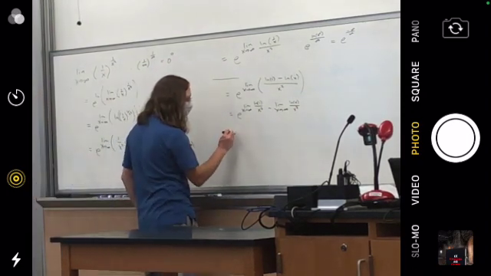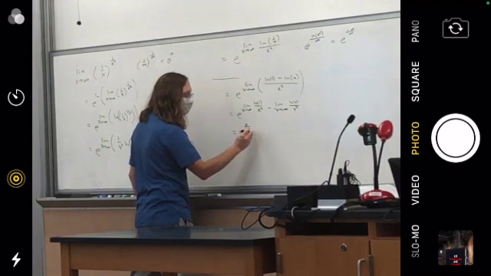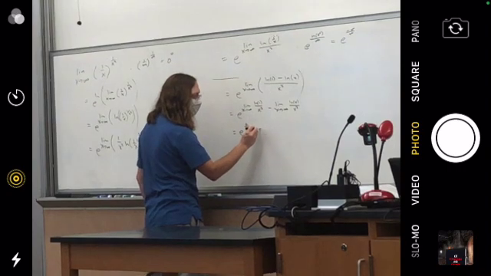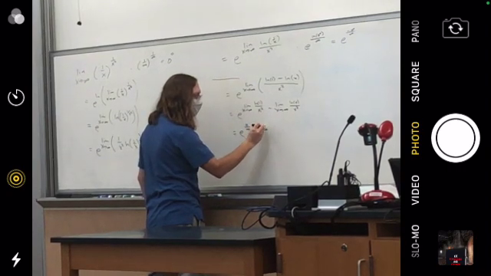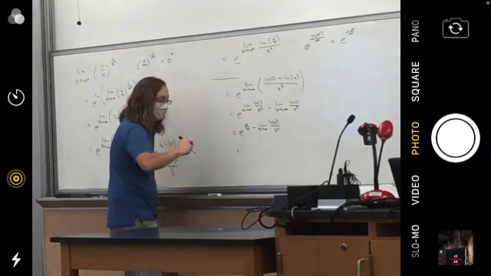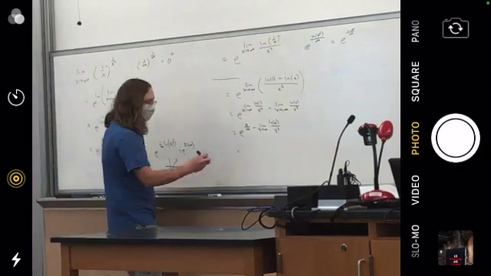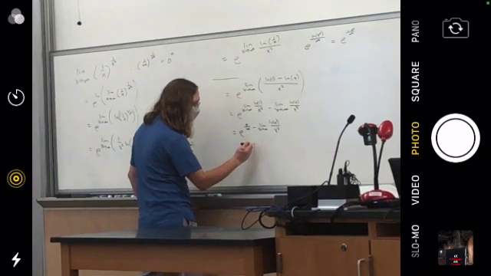So technically this is e to the 0 divided by infinity minus this limit. What's 0 divided by infinity? What's 1 divided by infinity? 0. And then you multiply by 0, what does it say? 0. So this would be e to the 0 minus this.